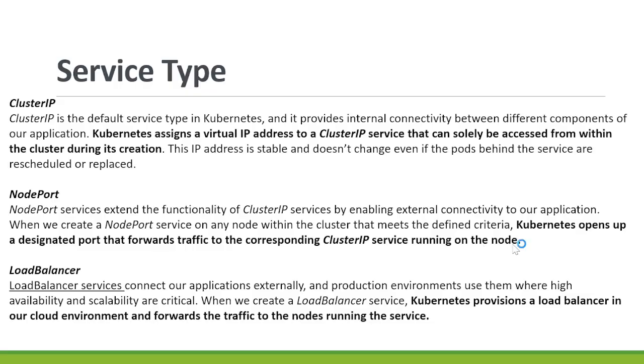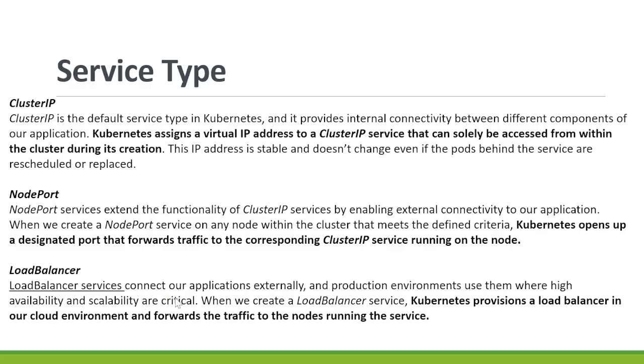As a use case, an end user who is trying to access a service on his browser hits the cluster and then the nodes, but in between the service is there. For such a use case, we need to go with NodePort. That is important.